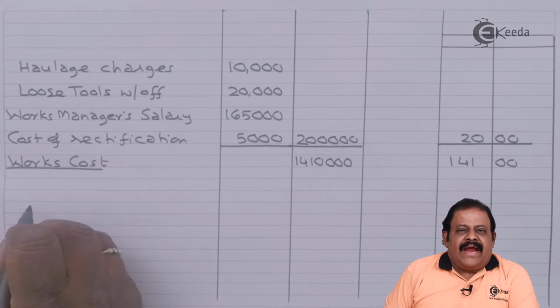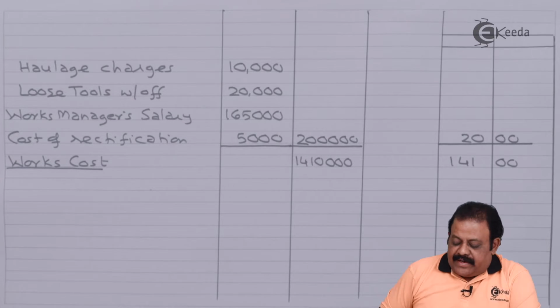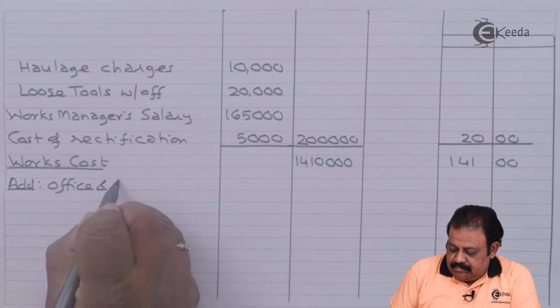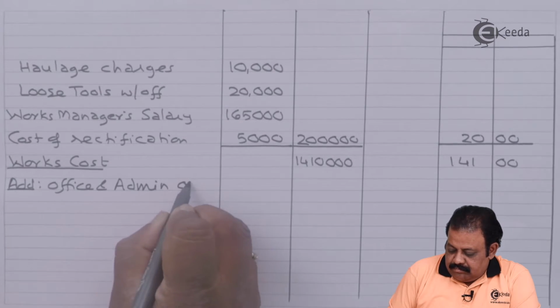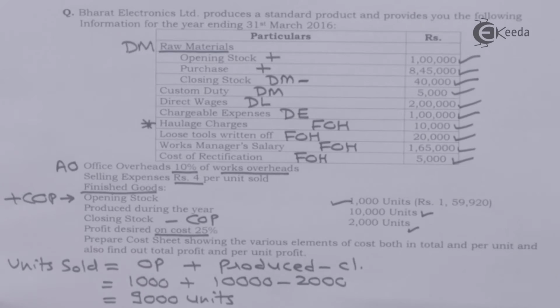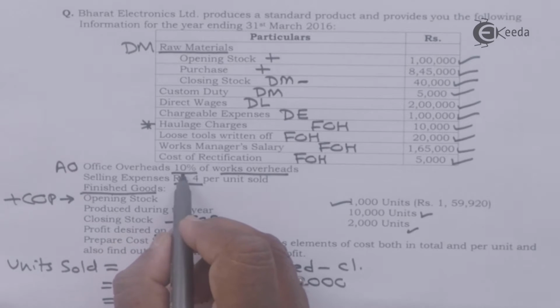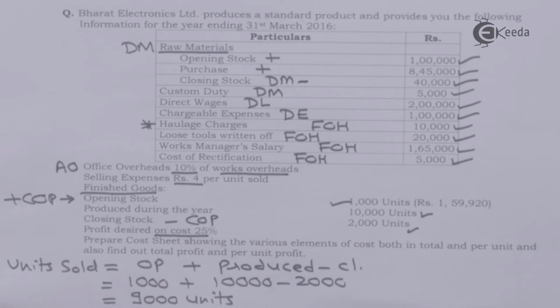To this we are going to add office and administration overheads. As per the information in the question, office overhead should be taken at 10% of works overheads, that is of factory overheads.